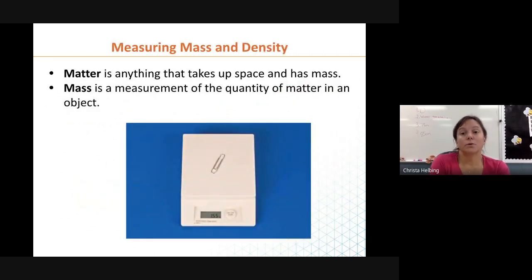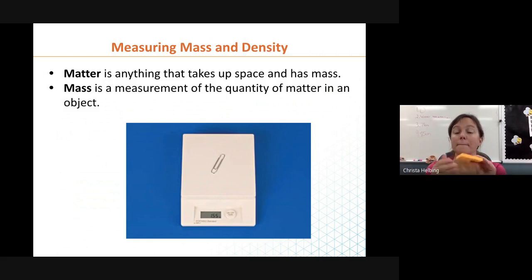Another thing that we use with measurement, we can actually take two measurements and come up with something else, something like density. So I could measure the mass of this and compare it to the volume of this, and I would know then its density. So the density of a pound of lead and the density of a pound of feathers, the lead is much more dense than the feathers, right?